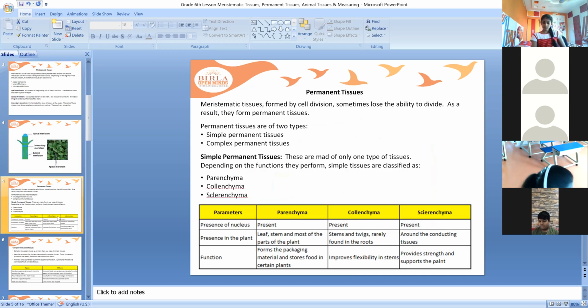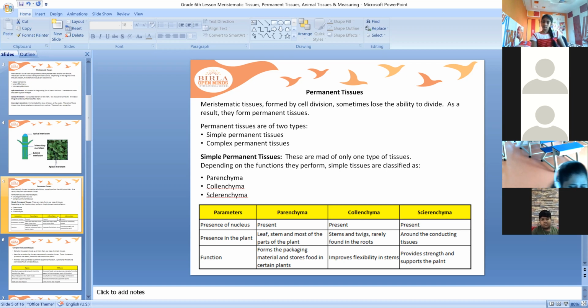I hope you all have understood about meristematic tissue. Now we'll go with the permanent tissues. What are permanent tissues? These are also meristematic tissues formed by cell division, but sometimes they lose their ability to divide. As a result, they form permanent tissues. Why are they called permanent tissue?